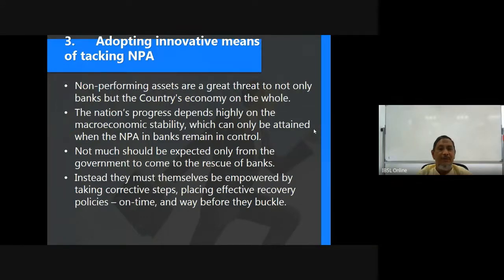Not much should be expected from the government to come to the rescue of banks. The government is not responsible for the collapse of the banks. In the last recession, the 2008 recession, most of the banks in the States collapsed.